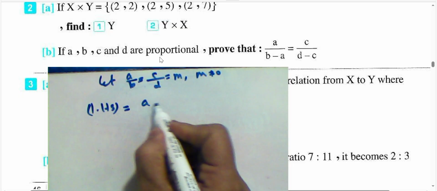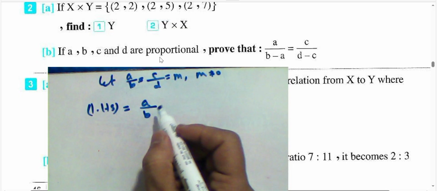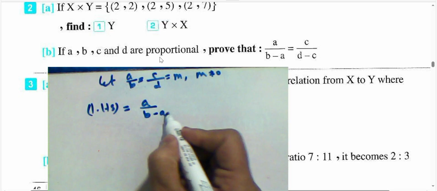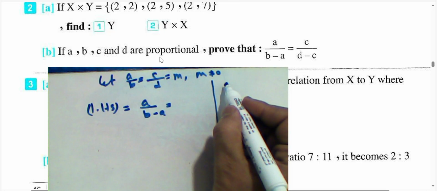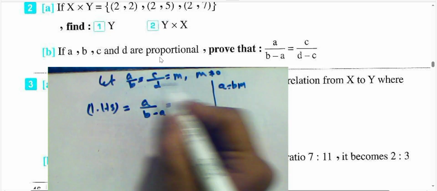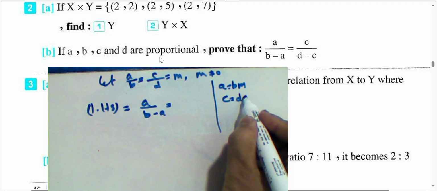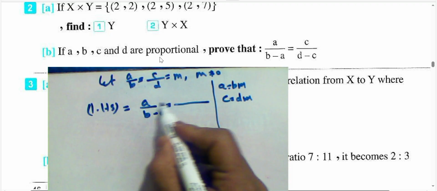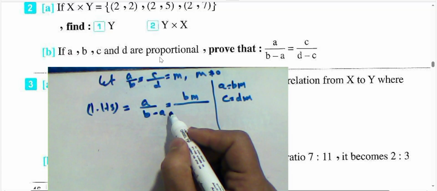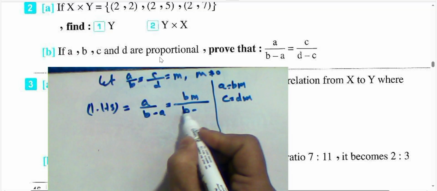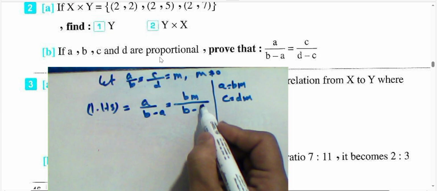We have A over B minus A... From this relation we can write A equals BM and C equals DM. Replace the value of A equals BM, and B minus A equals B minus BM.